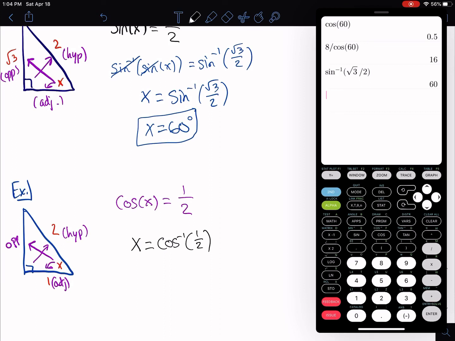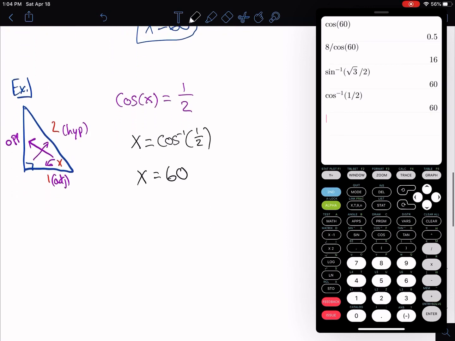But I'm not being asked what the cosine of x is. I'm being asked what x is equal to. So on my calculator, I'm going to plug in second cosine, 1 divided by 2. And when I hit enter, it's going to tell me that it's 60 degrees. x equals 60. Okay, so there we go.